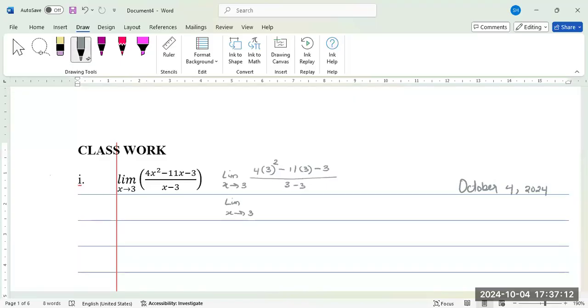And 4 nines? 36. Negative 11 times 3 is? Negative 33. 33 minus 36 equals? Negative 3. And 3 minus 3 equals? 0. And then another 3 minus 3 is equal to 0. So it's indeterminate. 0 over 0 says that it's indeterminate.